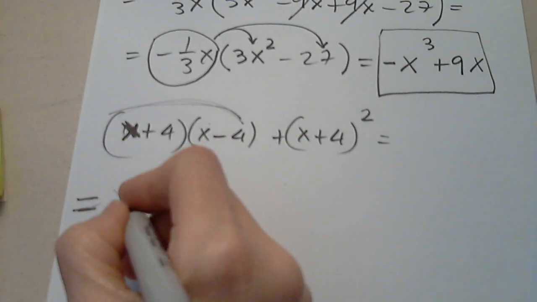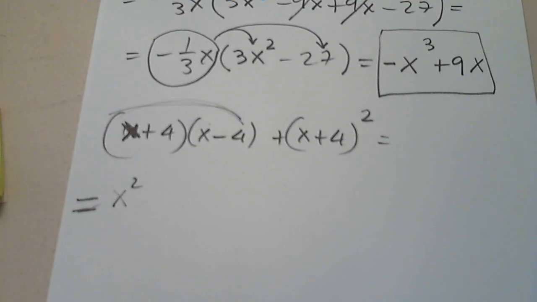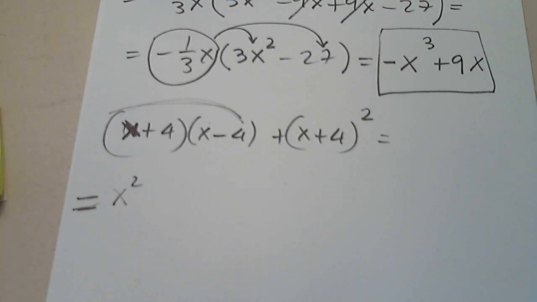X squared? That's it? It cannot be just one term. We don't have a special product with one term. You said minus 4?